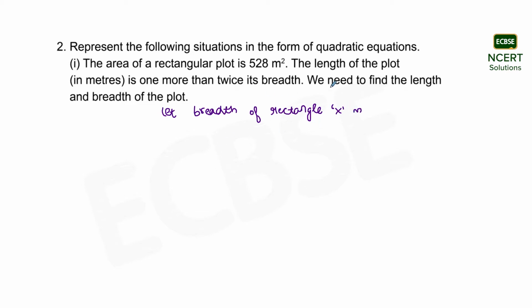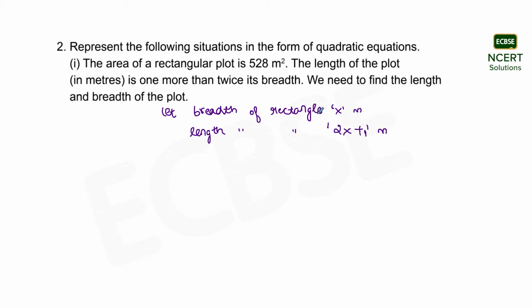It's also been given that the length of the plot is 1 more than twice its breadth, so the length of the rectangle will be 2x plus 1. This will be the length of this rectangular plot.